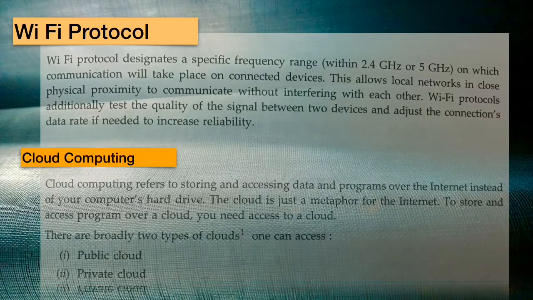Means we are talking about the range and the frequency upon which the Wi-Fi works: 2.4 gigahertz and 5 gigahertz. These are the most commonly used band frequencies where the Wi-Fi works, and the lesser populated or very new is the 6 gigahertz band.